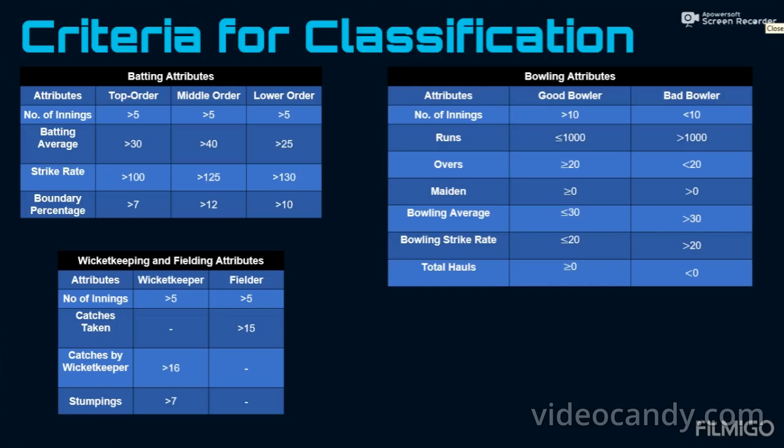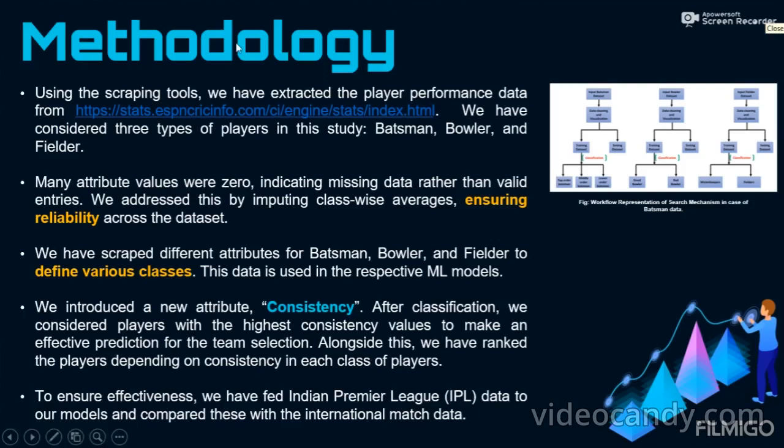To further define our selection process, we introduce a metric in our methodology called the consistency metric. This is a weighted formula that combines several of the above attributes into a single score that ranks players within their role, allowing us to prioritize those who perform reliably across matches.